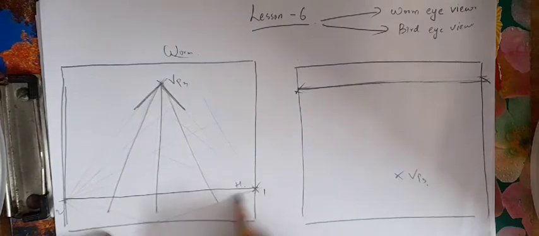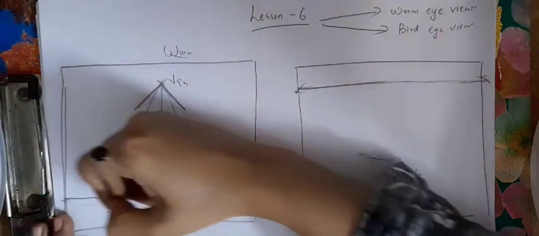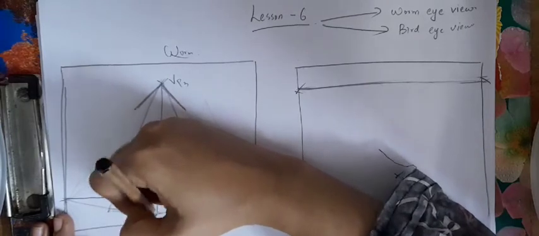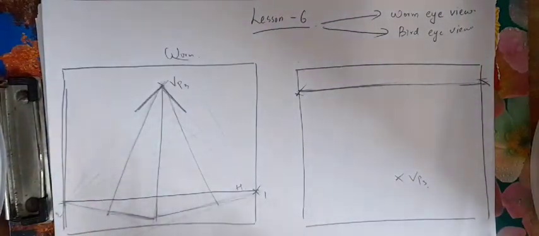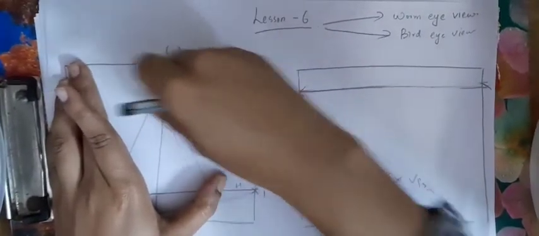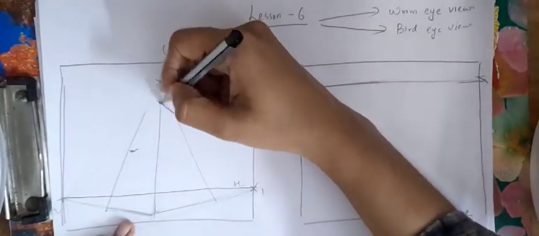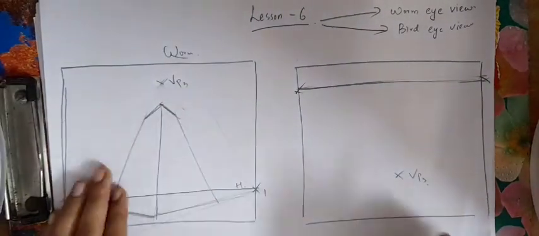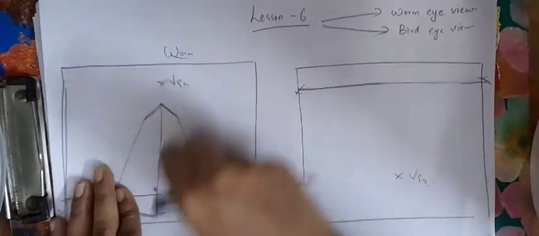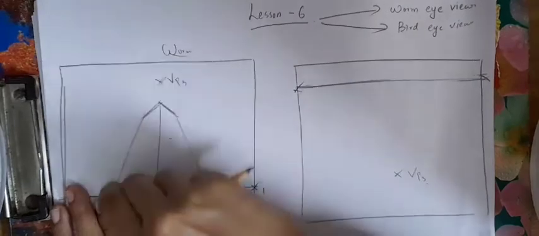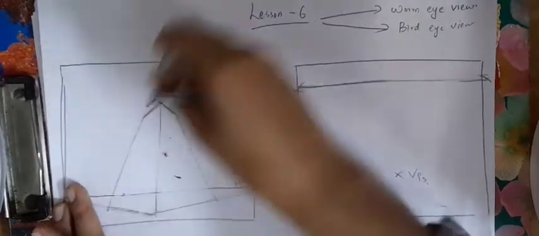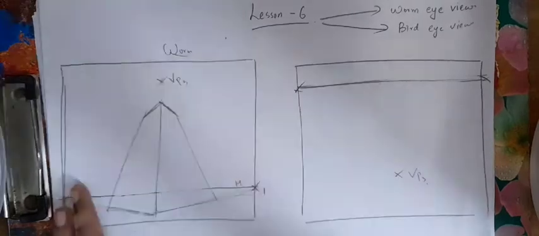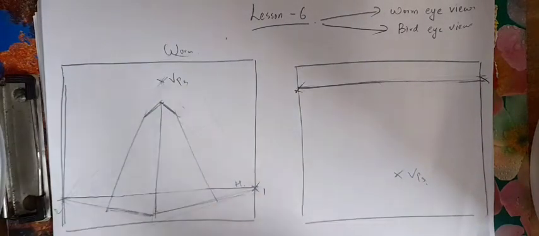If the building is this tall, it looks like this up to the vanishing point. Or if we are considering the height of the building this much, the building will look like this. So this will be our ant's building or worm's building.